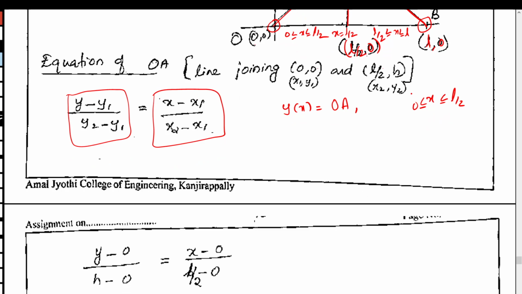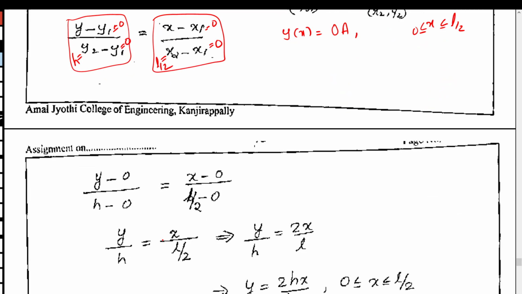Substituting the values, we have (y − 0)/(h − 0) = (x − 0)/(L/2 − 0), which can be simplified as y/h = x/(L/2).